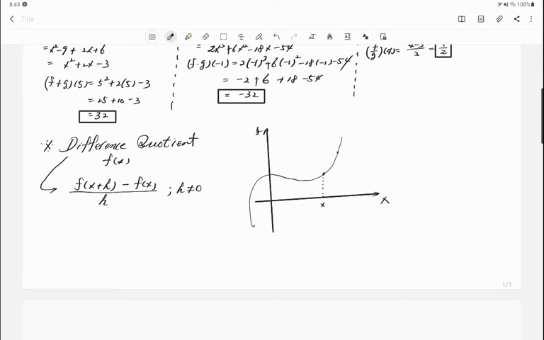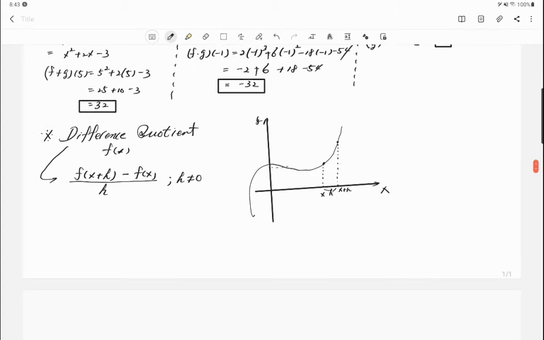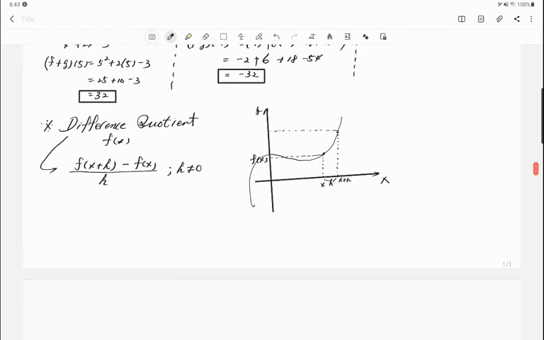And there's another one, this much is h, so h distance away from x. So this will be x plus h, right? The y value of the first point is f of x. The y value of the second point is f of x plus h, right?